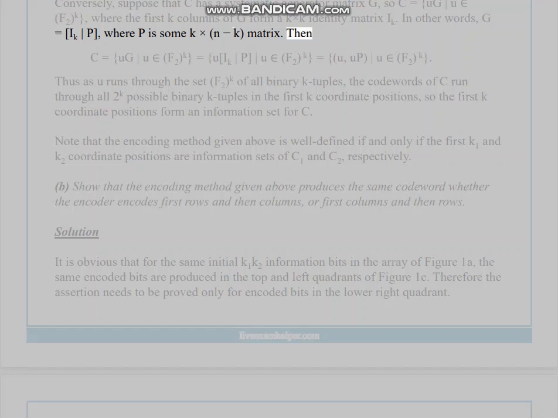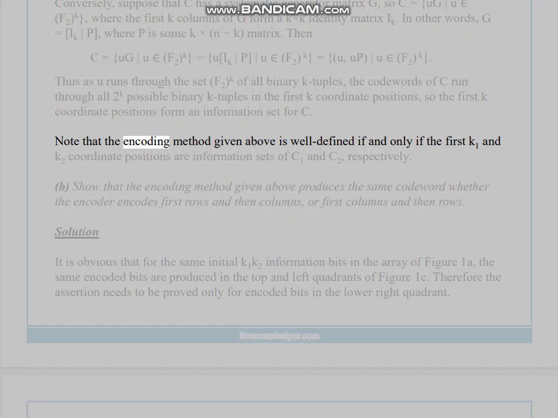Then C equals {uG} equals {u[IK P]} equals {u, uP}, u in F2^K. Thus, as u runs through the set F2^K of all binary K-tuples, the codewords of C run through all 2^K possible binary K-tuples in the first K coordinate positions, so the first K coordinate positions form an information set for C.